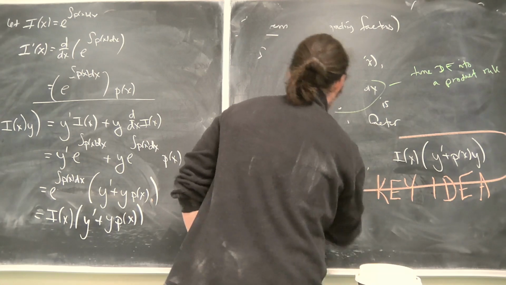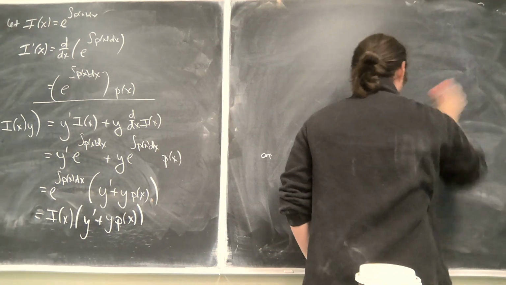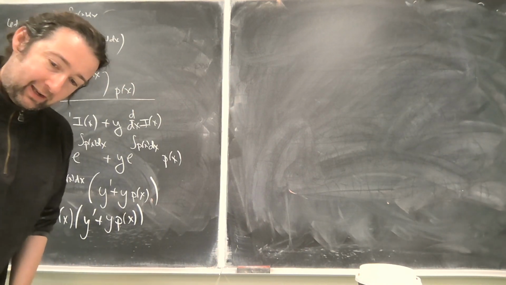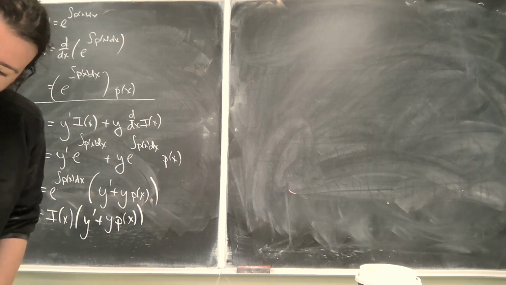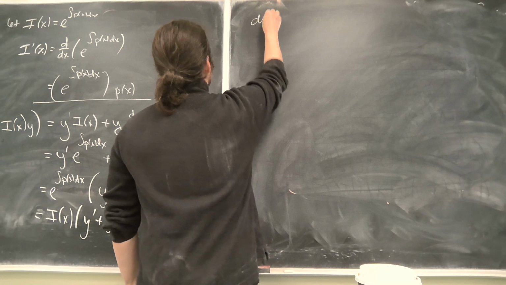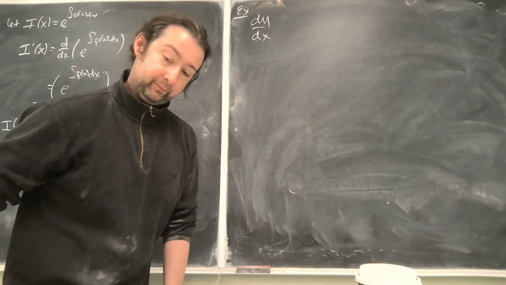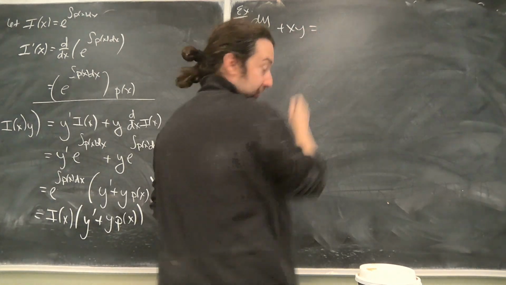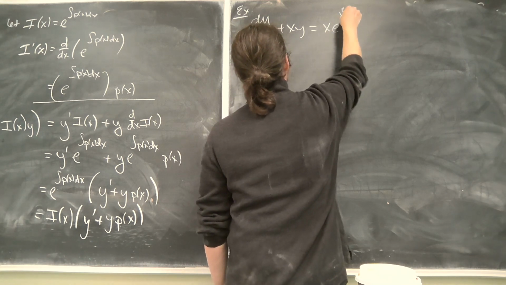So how does that work in practice? Do not do more work on these problems than you have to. So let's look at a good example here, something like this one. Example: dy dx plus x y is equal to x e to the x squared over 2.